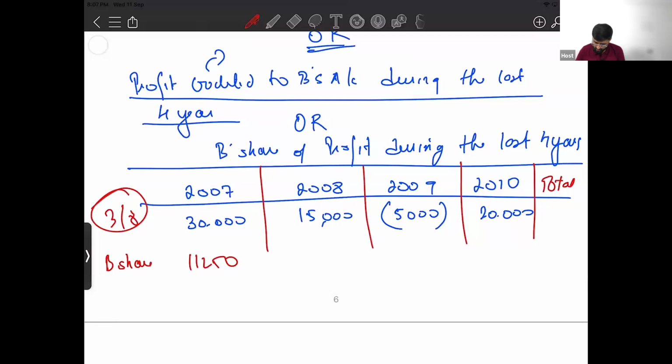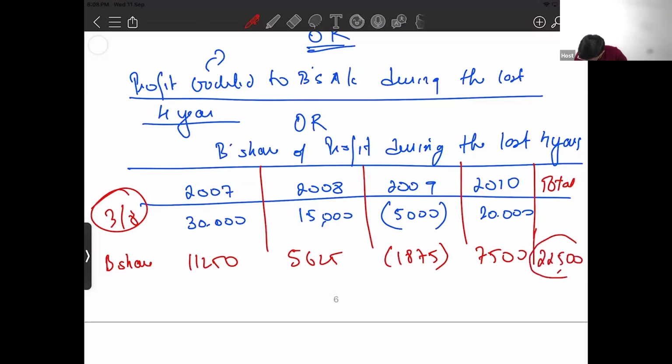Then 15,000 into 3 divided by 8 is 5,625. In 2009 there is a loss, so minus 1,875. Then again 20,000 into 3 divided by 8 is 7,500. So the total profit transferred is 11,250 plus 5,625 minus 1,875 plus 7,500, which is 22,500.